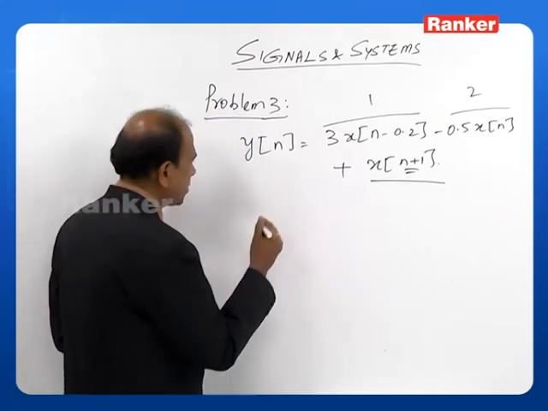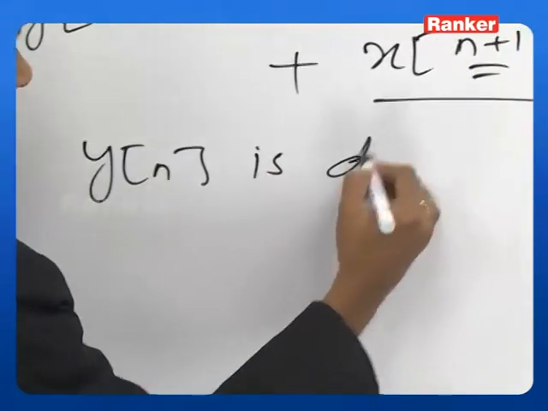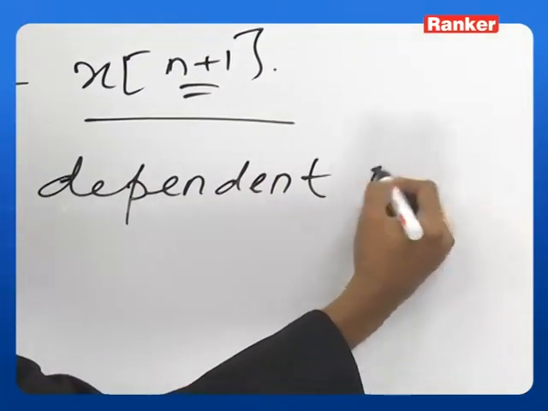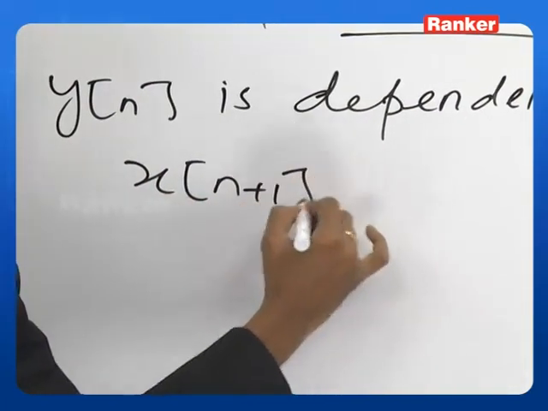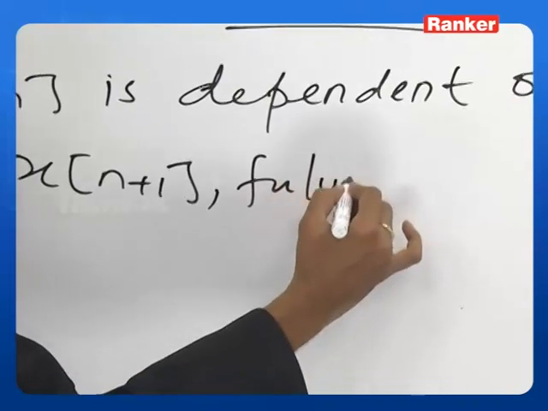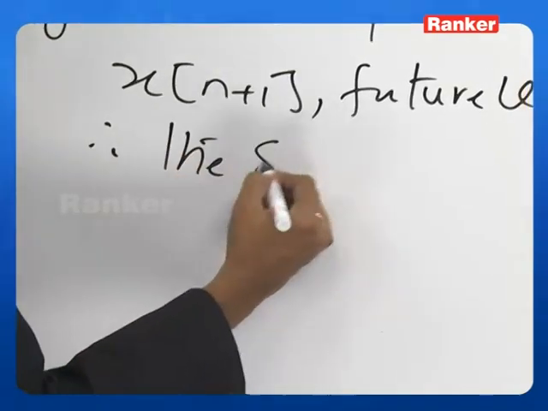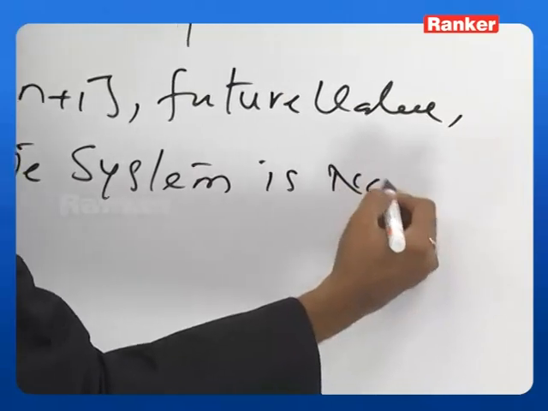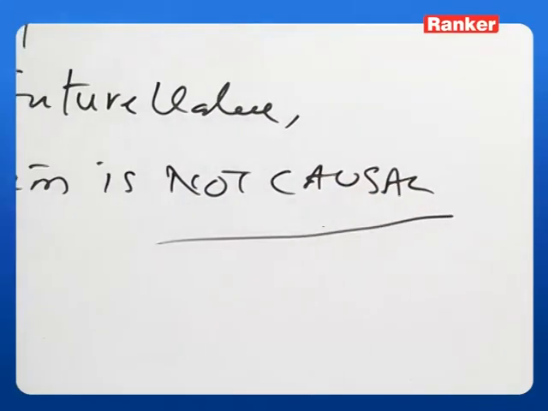So, let us put it in words, that is y of n is dependent on x of n plus 1, that is a future value. Therefore, the system is not causal, or you can say it is a non-causal system.